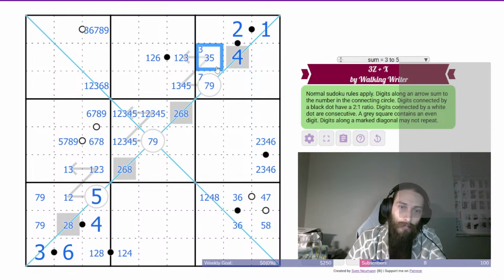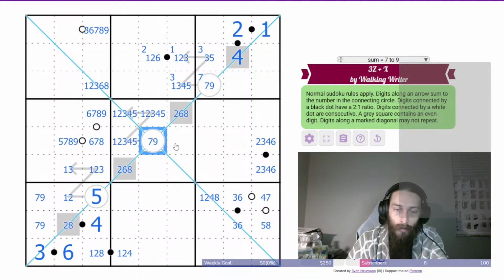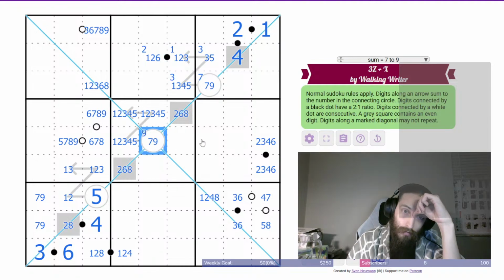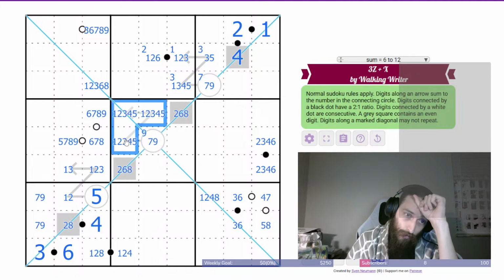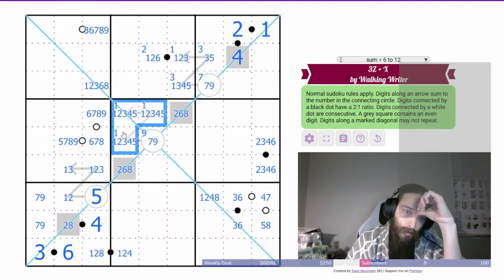This is 7. Got 3, 3, and 1. Makes that a 2. This is 9. And then what? 1 or 3 must be over here. Well, we know that one of these two has to be a 1. So it can't be 2 and 3 because that's already 5. So 1 would have to go in here.